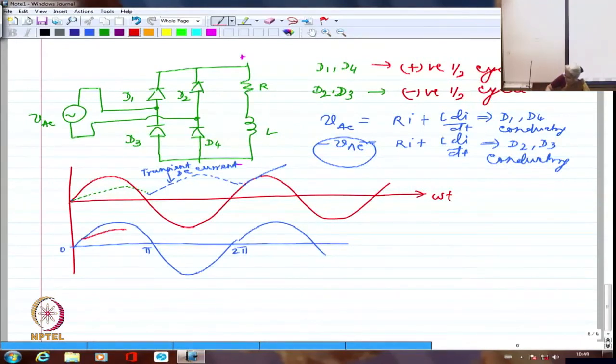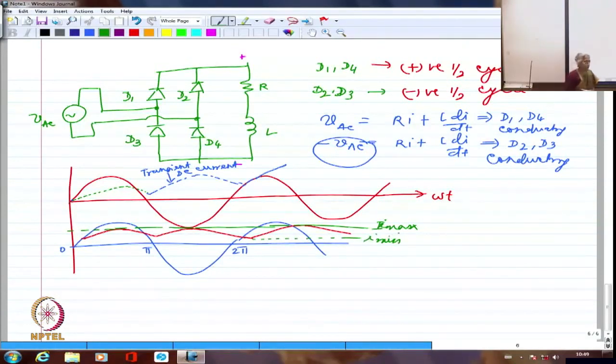So all the maximums will be at the same value. If I have not drawn it that way, it is wrong, but all the maximums have to be at the same value. This is I max or small I max. Similarly, this will be small I minimum. All the minimum currents and maximum currents have to be at the same value.